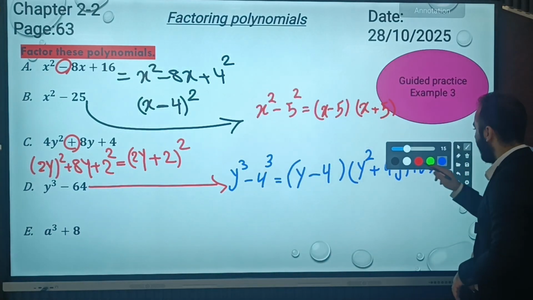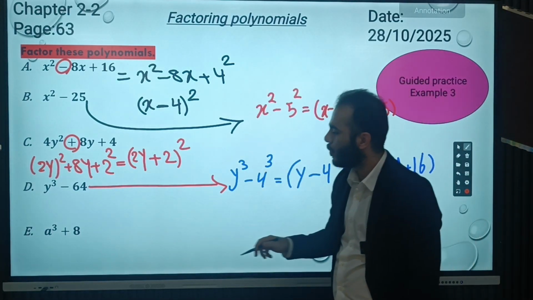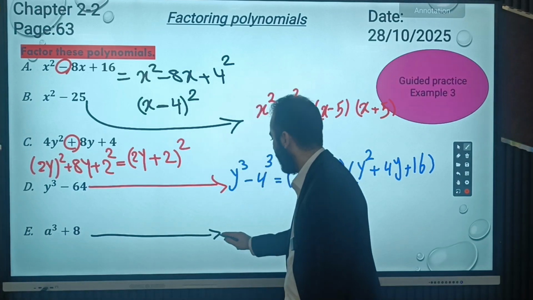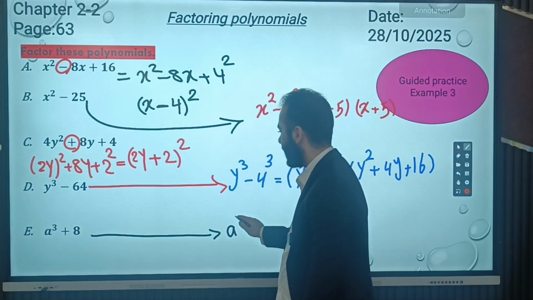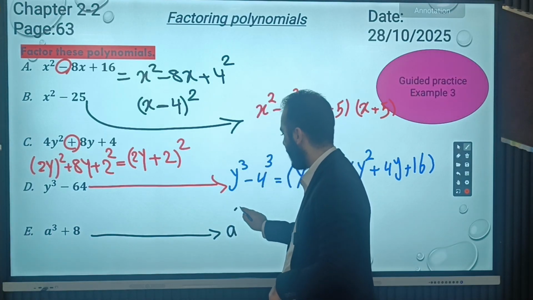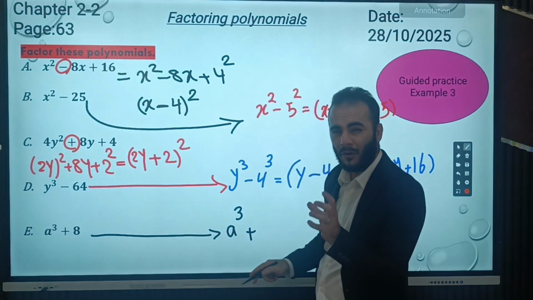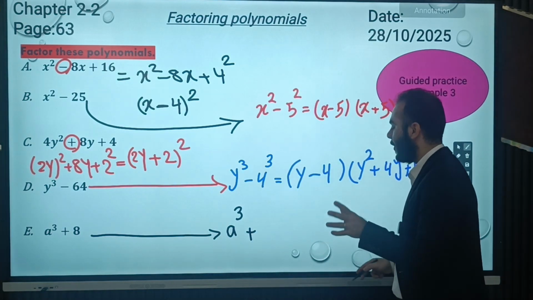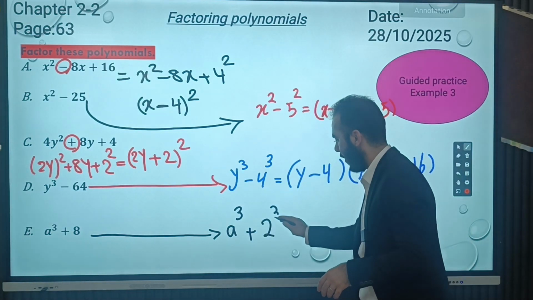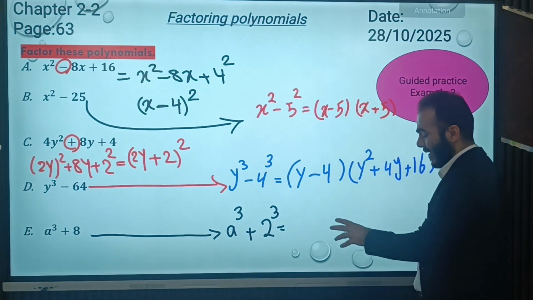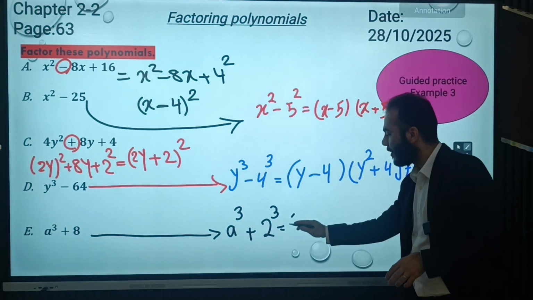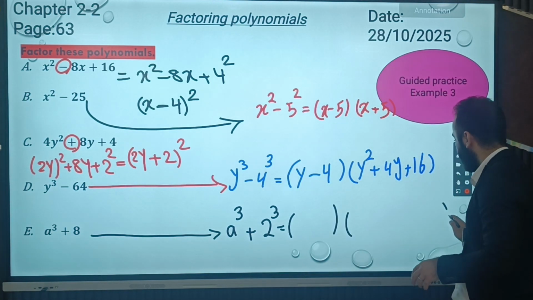Okay, the last one, it's the sum of 2 cubed numbers. So let's just come here and write it as the sum of 2 cubes. So a powered by 3 plus 8. 8 is the perfect cube of what number? Perfect, 2. 2 powered by 3. So in such cases, what was the way? 2 brackets, one small, one big.